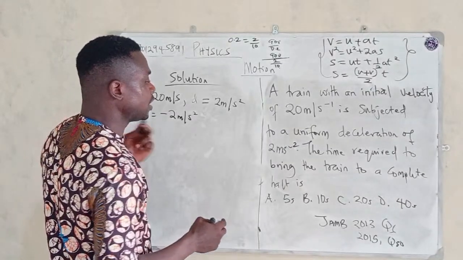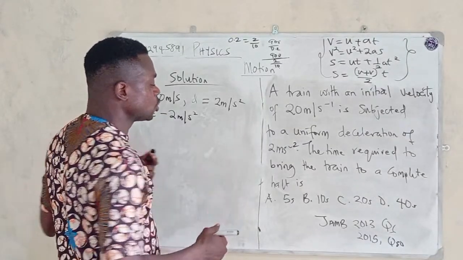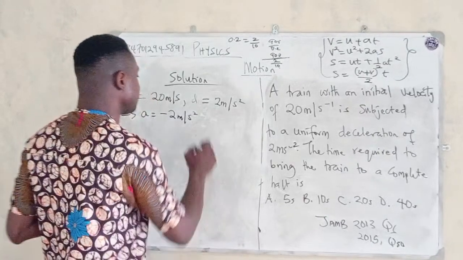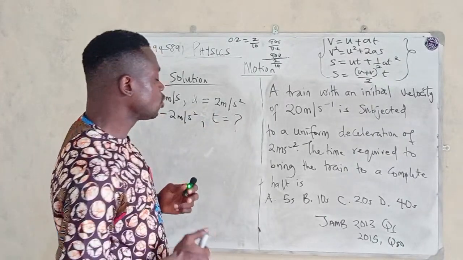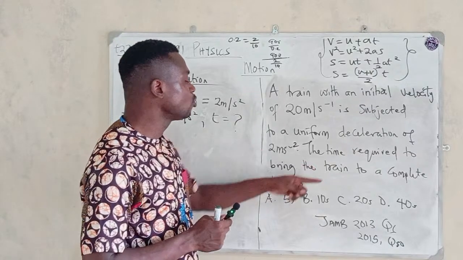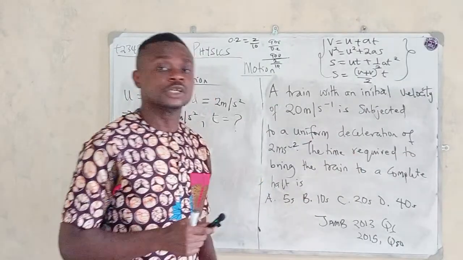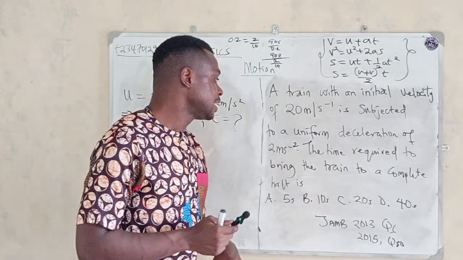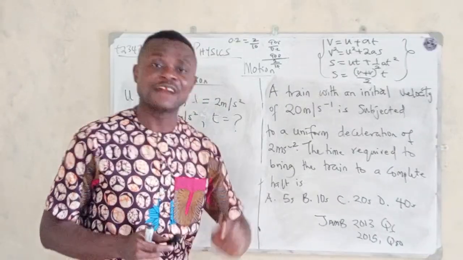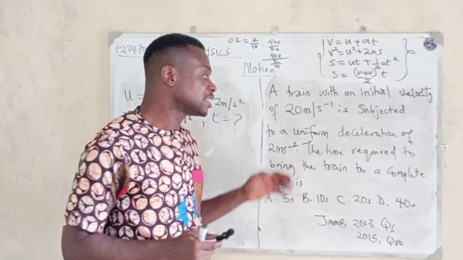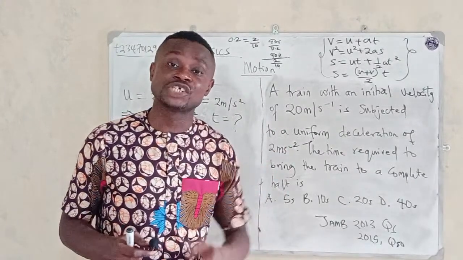Now the next one given is the time. T is unknown, it is what we are looking for. They said the time required for the train to come to a complete halt. For the train to come to a complete halt means that the train has stopped, and for the train to stop, the final velocity is zero.